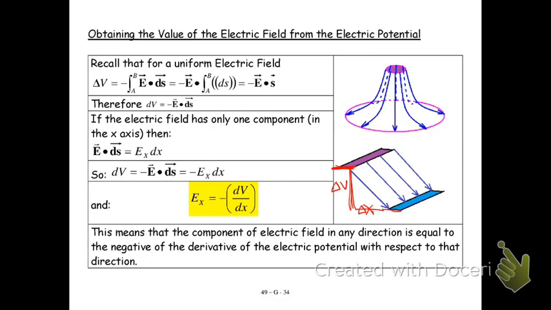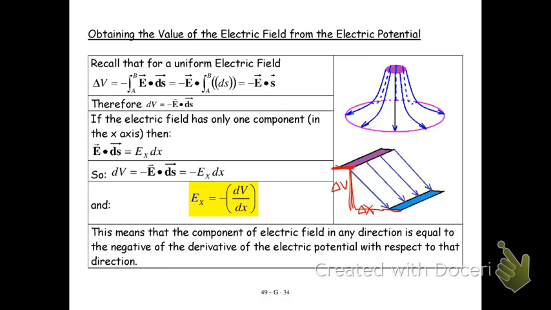What else shall we have? We can have delta V is equal to KEQ times 1 over R final minus 1 over R initial. And delta U is equal to KEQQ times 1 over R final minus 1 over R initial.